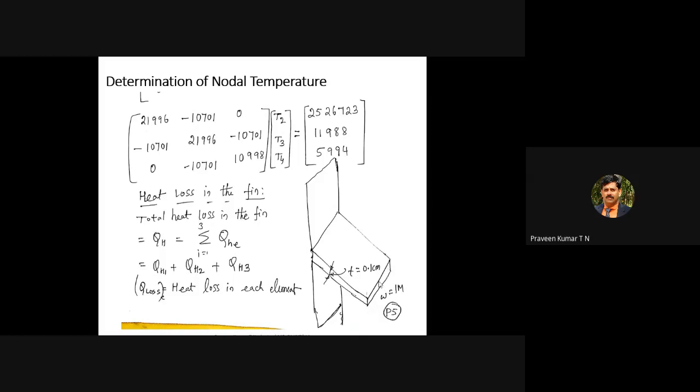But at the tip of the fin we see only a small cross-section area. The heat lost to the surroundings there may be only 1 watt, 2 watt or 10 watt compared to 1000 watt. So 1 or 2 watt is very, very less and can be neglected. Hence it is referred to as insulated, where Q is equal to 0. That's one more boundary condition.